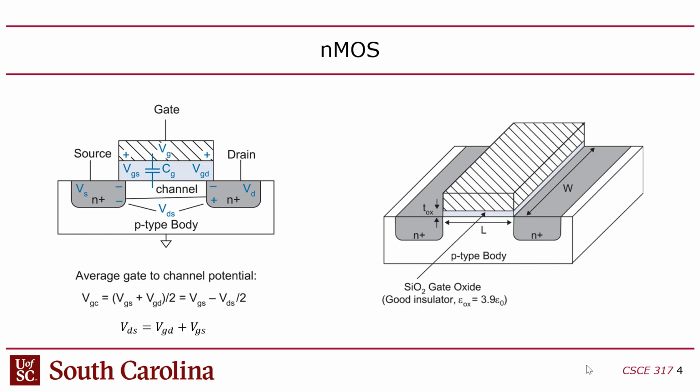Make sense? And FET, the field effect, is referring to the electric field that's created by the capacitor that forms between the gate and the channel. Okay? So we've got this capacitor between the gate and the channel, and we want that. It's part of the functionality.